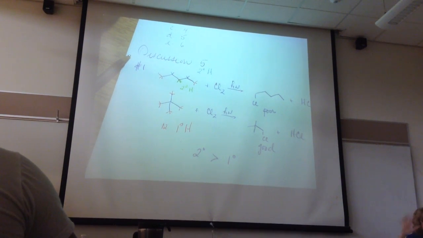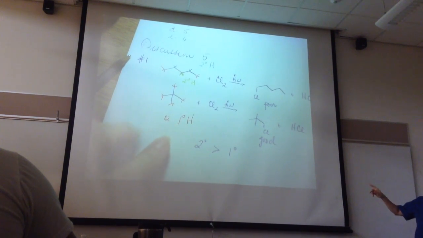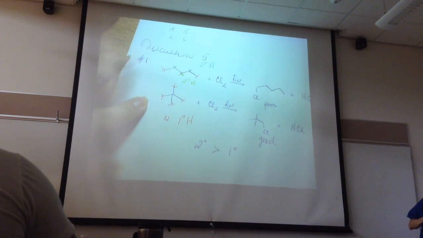So I think we have to really come up with a good answer to this. If you say neopentane is good because you're taking primary radicals, I'm not going to give you any points, because they're primary here and primary there, so both of them are primary.